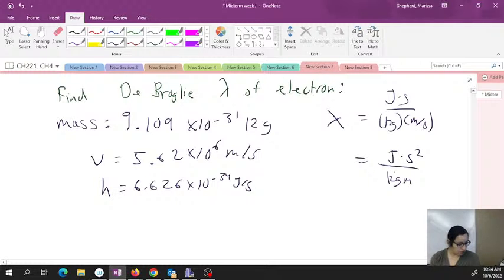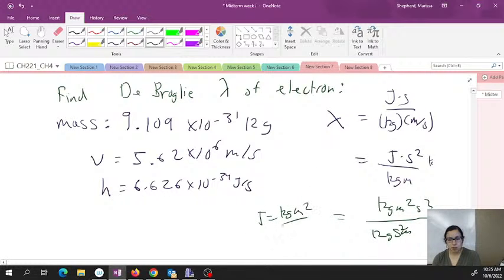Joules is also equal to kilogram meter squared over second squared.